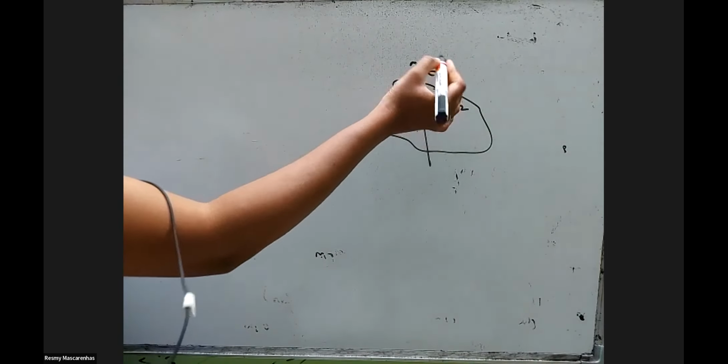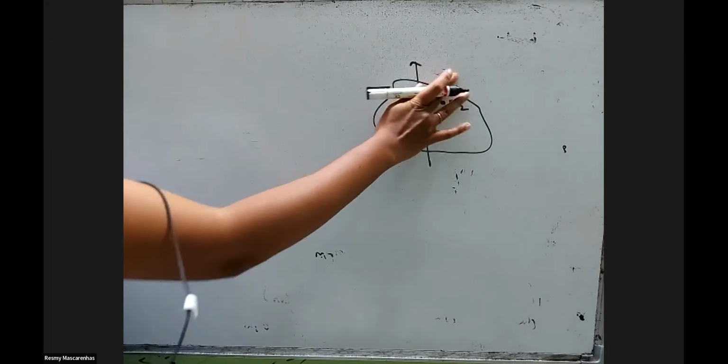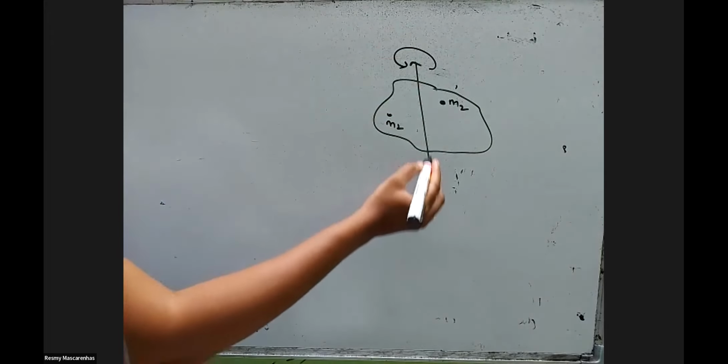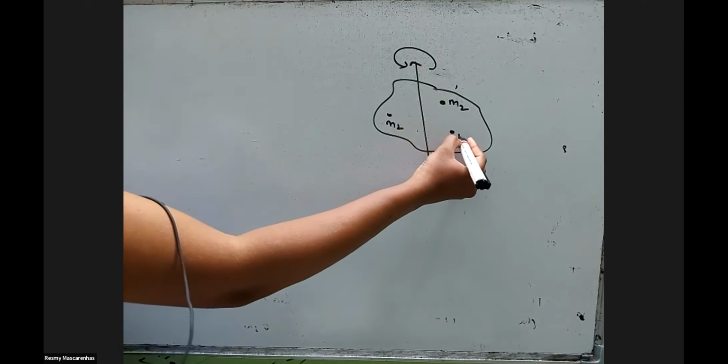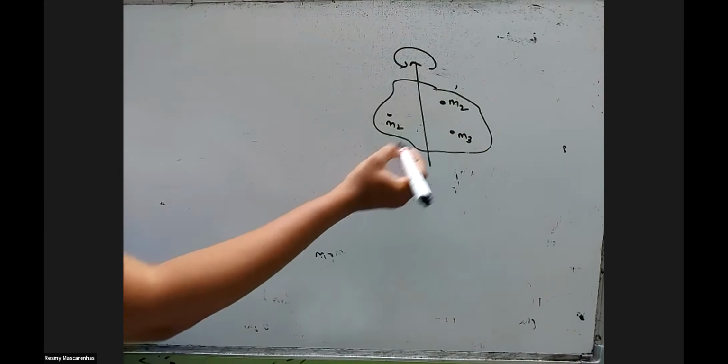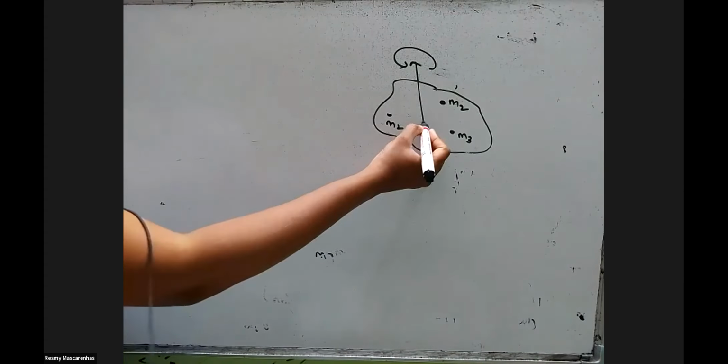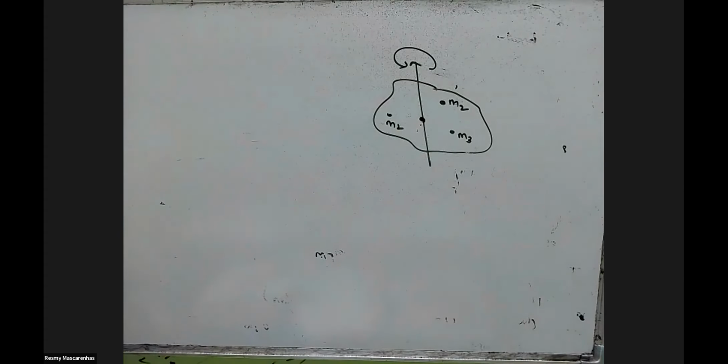So this is spinning along this. This is m3. So these are with reference to one particular point, it would be with the center of mass.